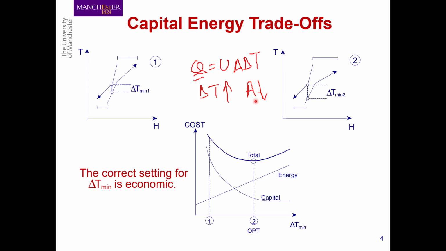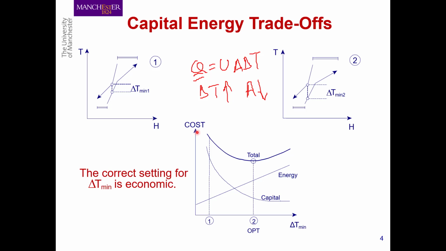The capital cost relates directly with the area of the heat exchanger, while the energy cost in its simplest form is related to the hot and cold utilities of the process. That is what we call a capital energy cost trade-off. It means that we have to find a balance between the capital cost of the system and the energy cost.